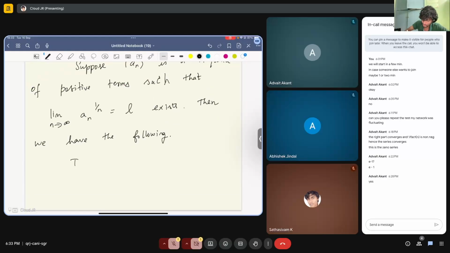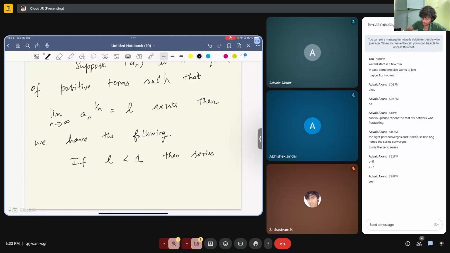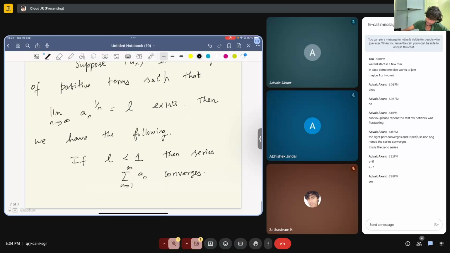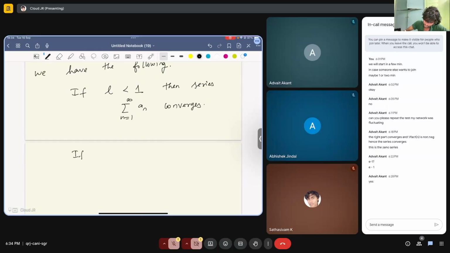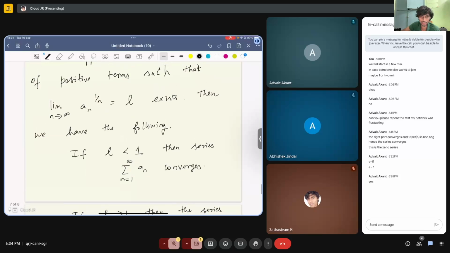Here also, if this L is strictly less than 1, then your series converges. Here also, when L equal to 1, we cannot say much.